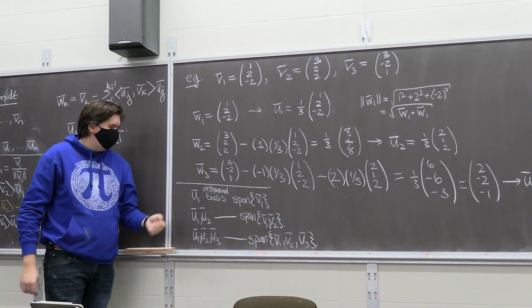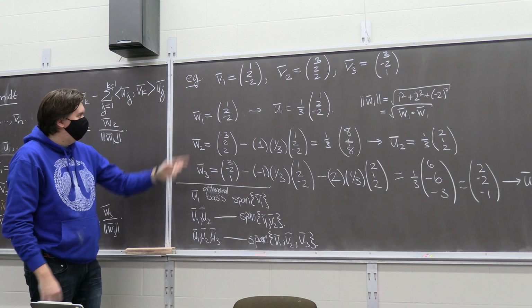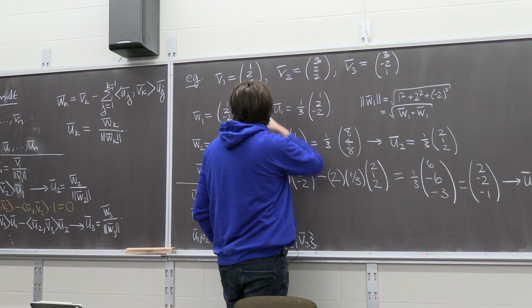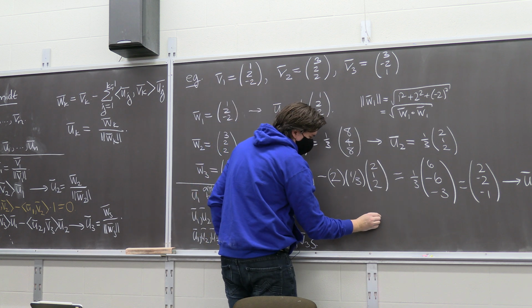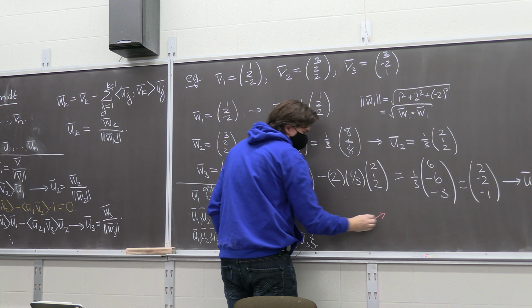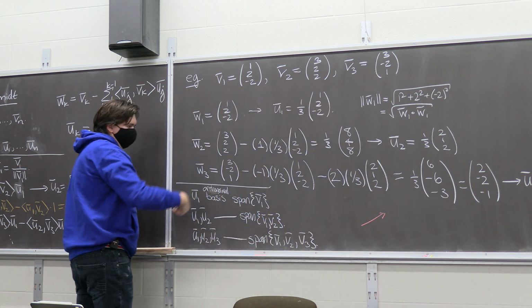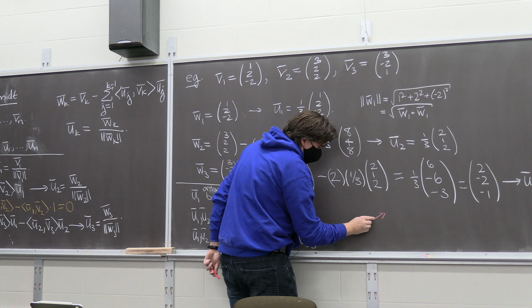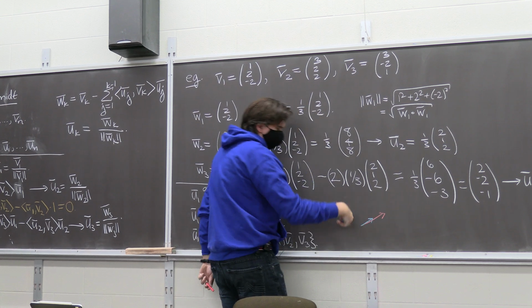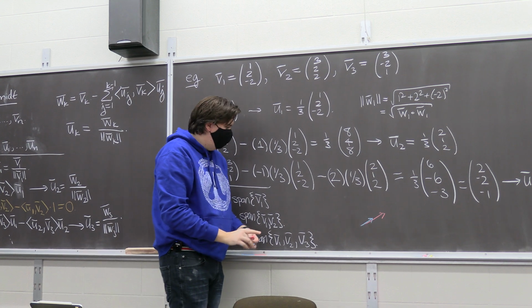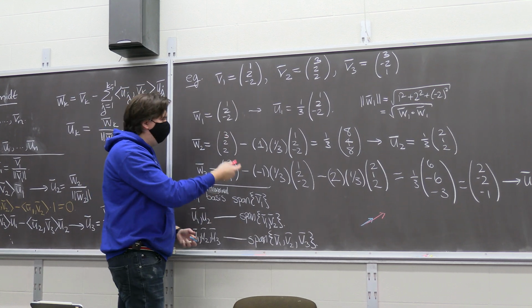I mean, we can try and draw a picture of this, right? I'm going to have a very hard time trying to draw these, but okay, if you just have your V1, just some vector like this. The first step is really just turning that into a unit vector. I don't know, shrink it down by, say, a third. Unit vector. And then what happens when you throw V2 into the mix?